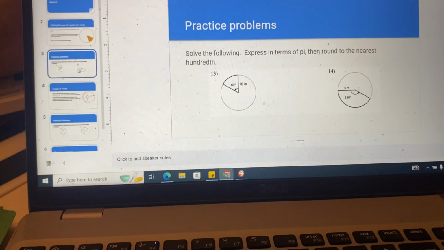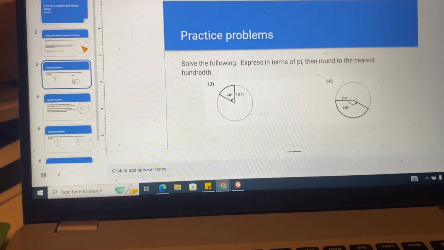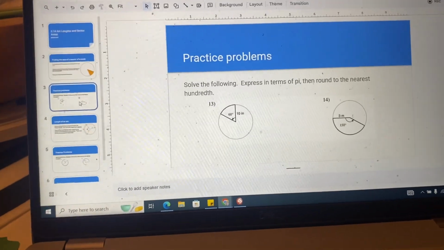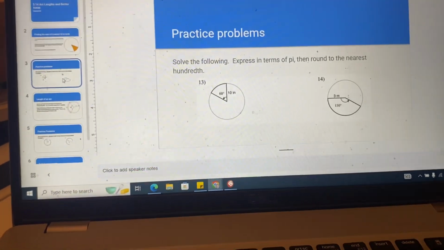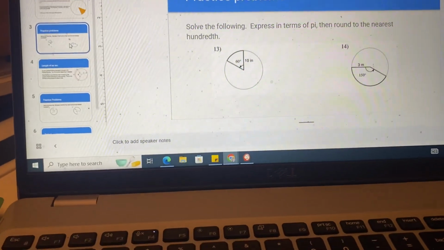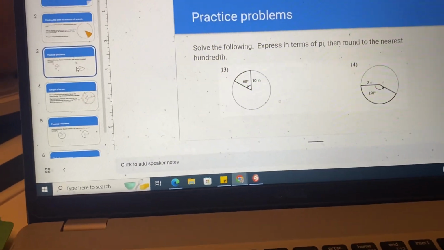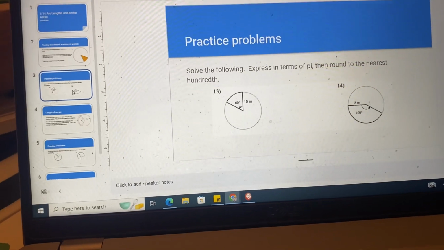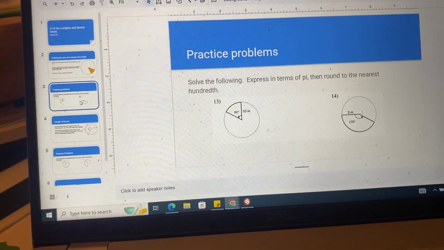Again, we're multiplying by 60 out of 360, which reduces to 1/6. So this is 100 over 6 pi, and it should be square inches. We could of course divide that out; 100 over 6 reduces to 50 over 3.